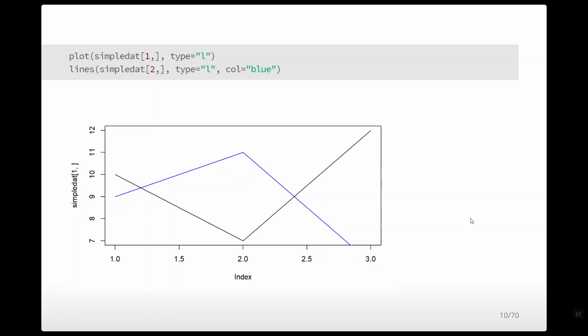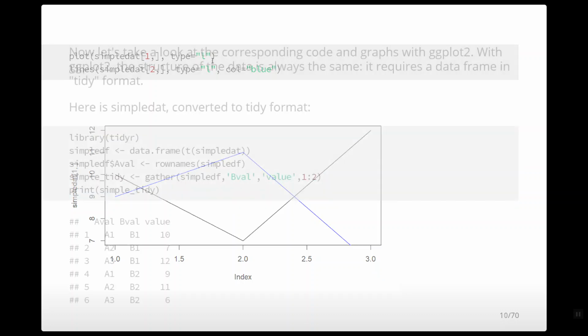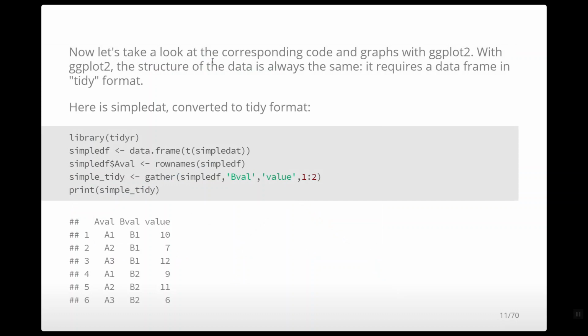So that's some of the issues, and so if you were using base graphics, you'd say, I'm cutting off my data here, so you would have to go back to your command and say plot, and then add in the option ylim equal to 6 to 12 or something like that, all right? Not a big deal, but that's just something we've got to keep in mind, okay?